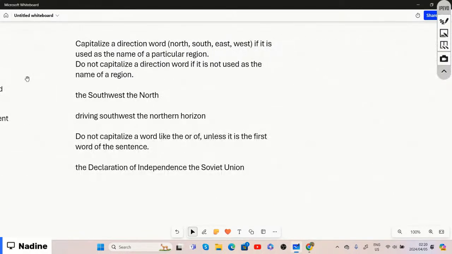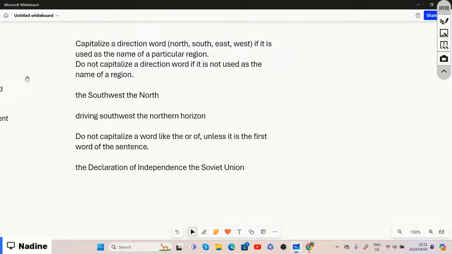And then we also capitalize direction words, right? For example, north, south, east, or west, those are our direction words or direction points. So if it is used as the name of a particular region, right?